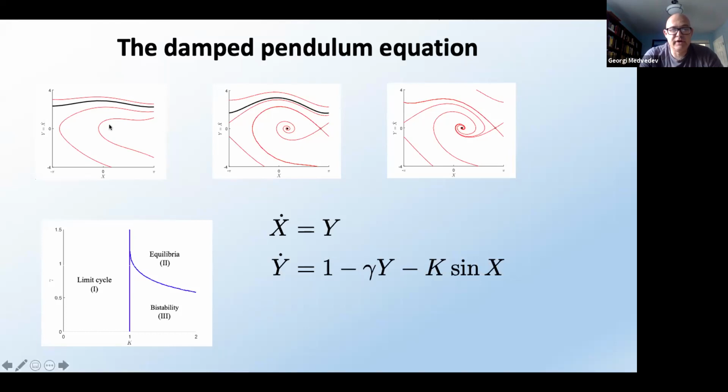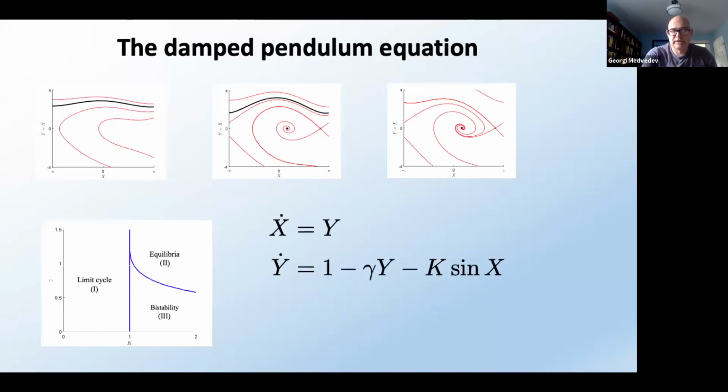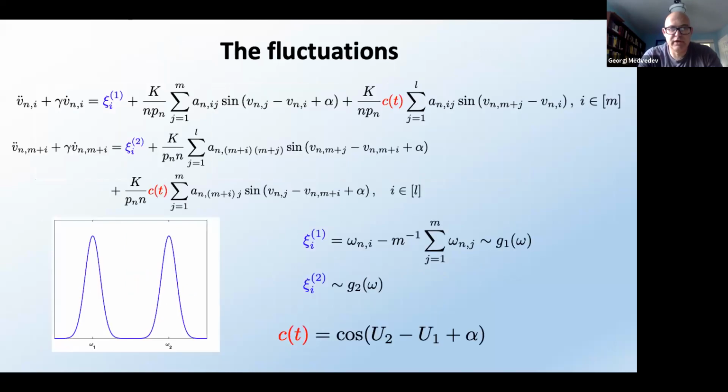Whenever our system settles on the stable limit cycle, then we are dealing with two clusters which are moving towards each other. And so it's different dynamics, right? Okay, so that's basically all we need to know about the group dynamics. And now we turn to fluctuations.